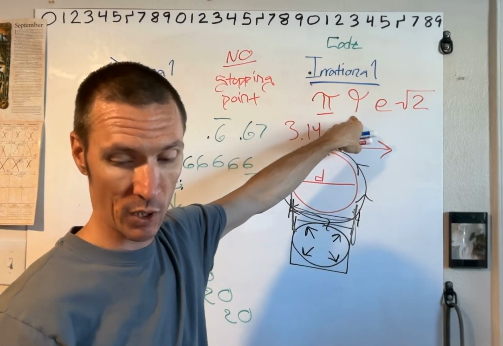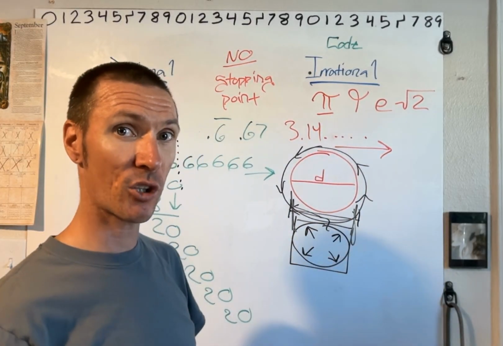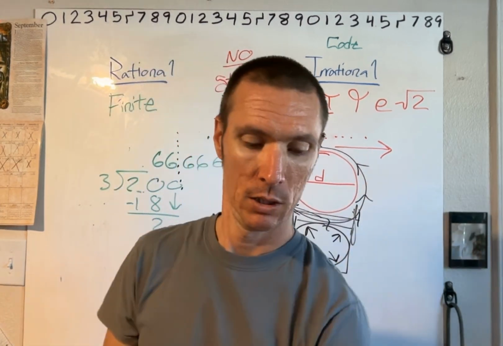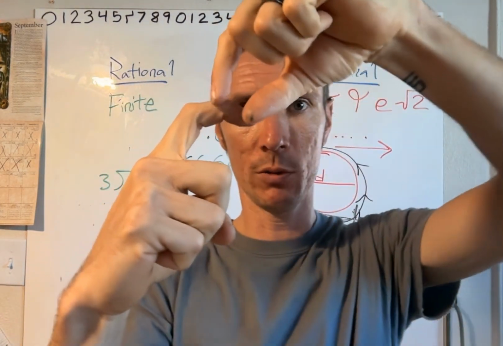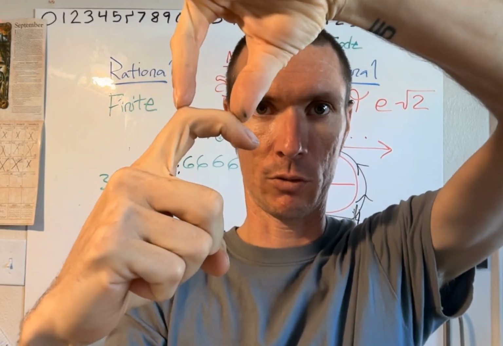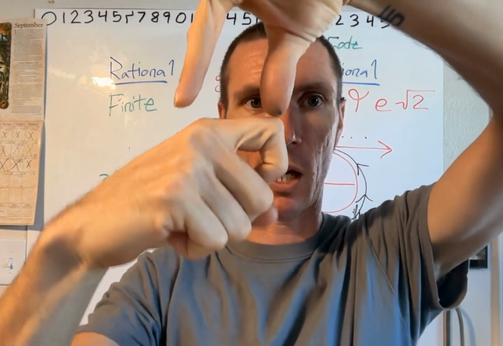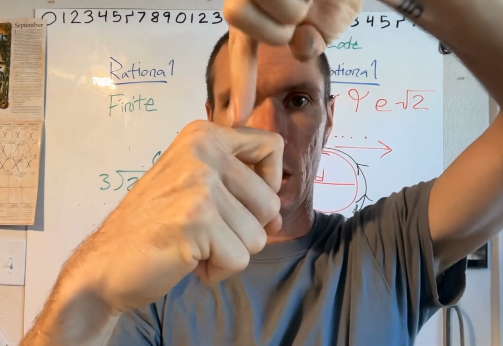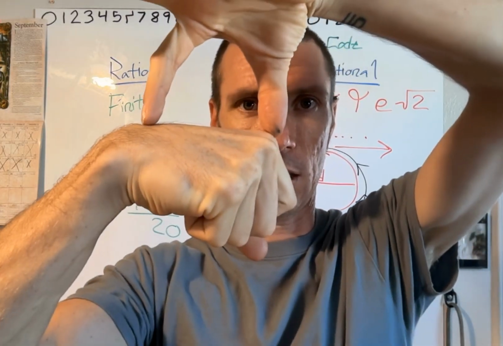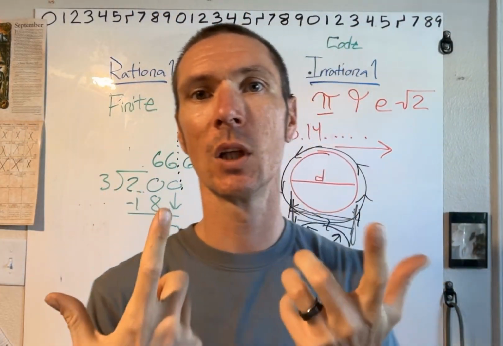Phi represents the way that things are built upon each other. 1.618 infinity. This knuckle of this finger times phi is this knuckle. This knuckle times phi is this knuckle. This length times phi is this length. Okay? The way that your finger bends, that's phi.